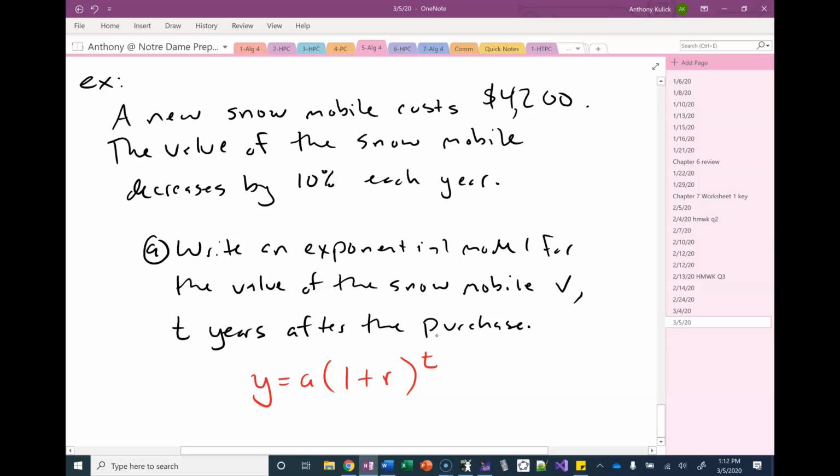Okay. What are we going to put for y? V. Very good. That's the future value of the snowmobile. What are we going to put for A? 4,200. That was the purchase price of the snowmobile. What are we going to put for R?